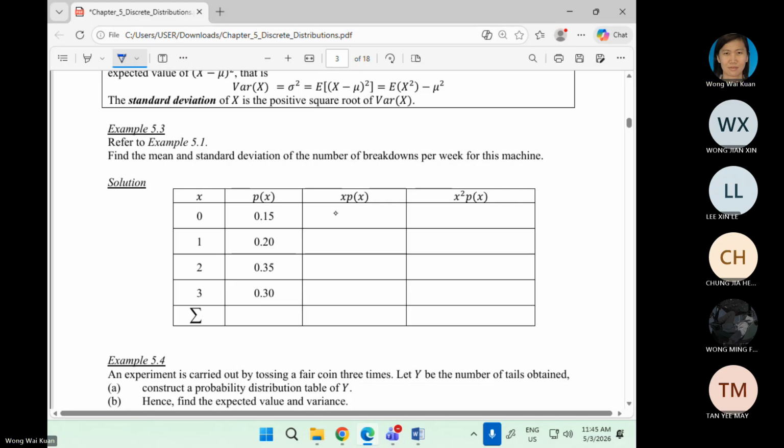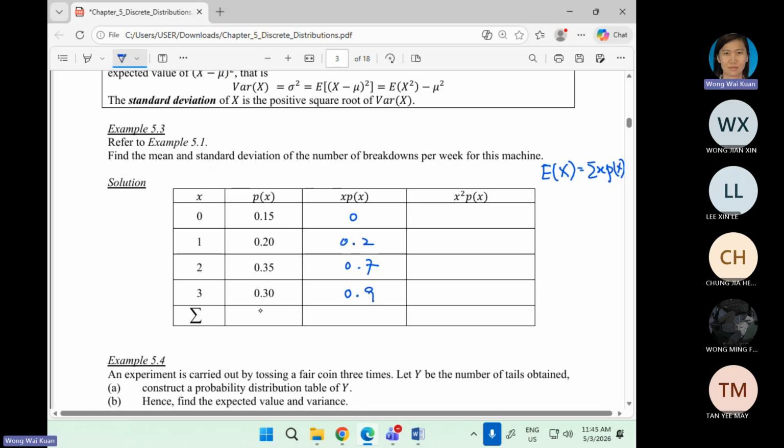Mean is EX, so EX is given by the sum of x times P(x). 0 times this is 0. 1 times this is 0.2. 2 times 0.35 is 0.7. 3 times 0.3 is 0.9.